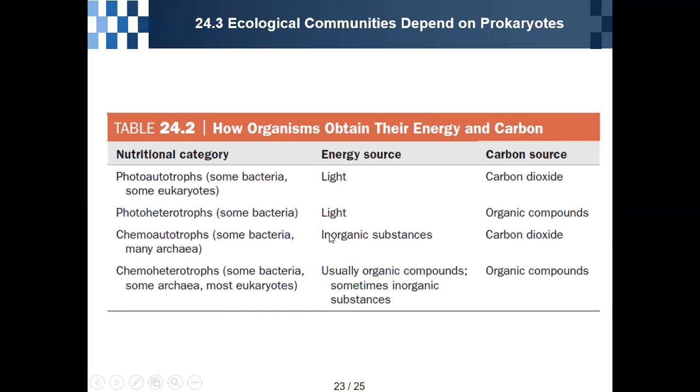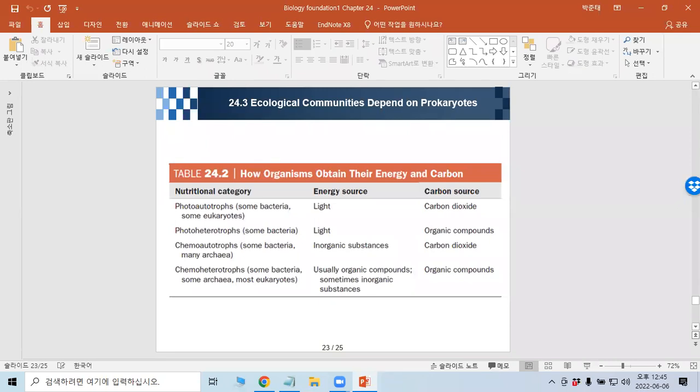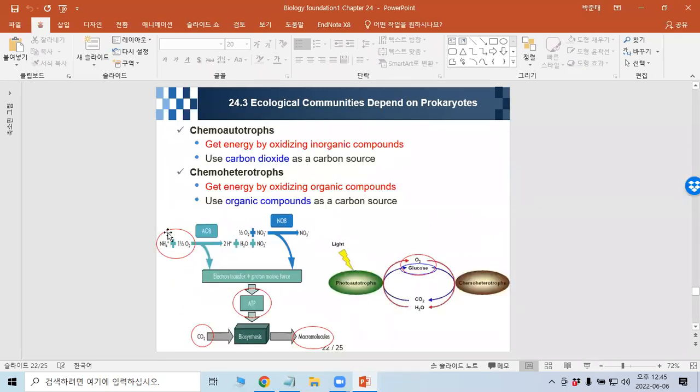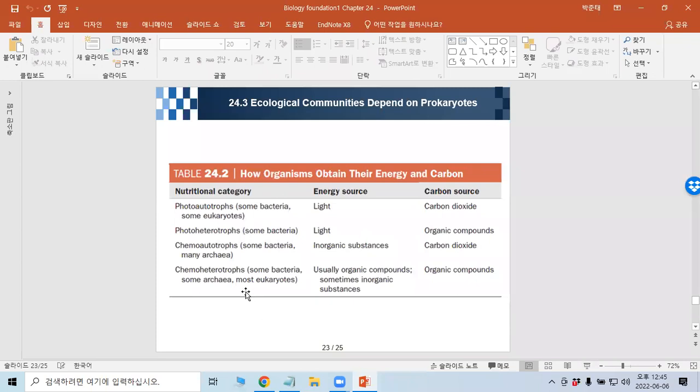Chemoautotrophs use inorganic compounds, which means they don't contain carbon, such as ammonium. After they oxidize the ammonium, they make energy. Chemoheterotrophs use organic compounds as both the energy source and the carbon source.